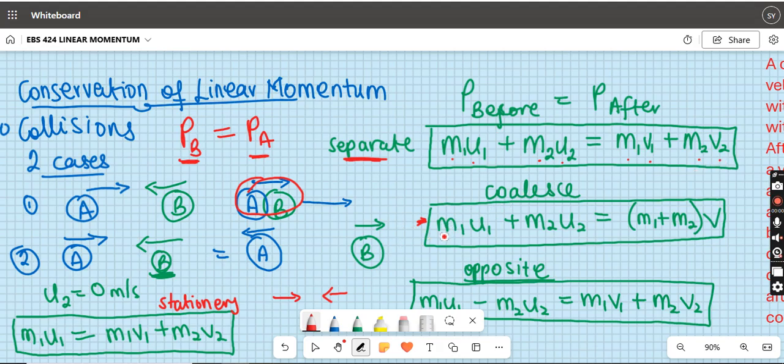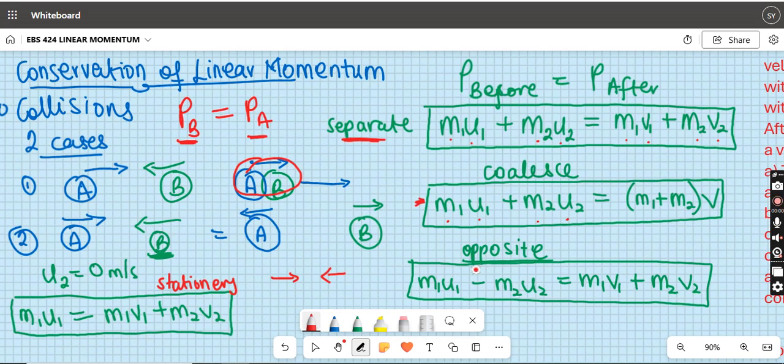If they coalesce, we're going to have m1u1 plus m2u2 is equal to (m1 plus m2)v. If they move in opposite directions before collision, we're going to have a negative velocity, and if one object is stationary, we're going to have m1u1 is equal to m1v1 plus m2v2.